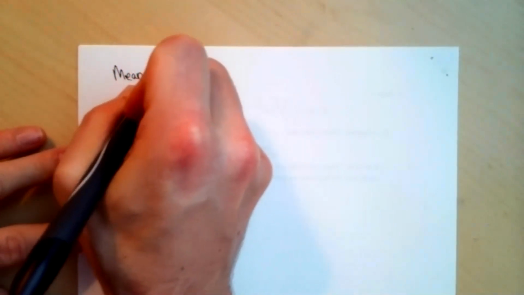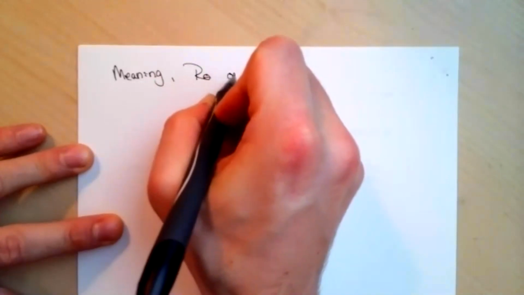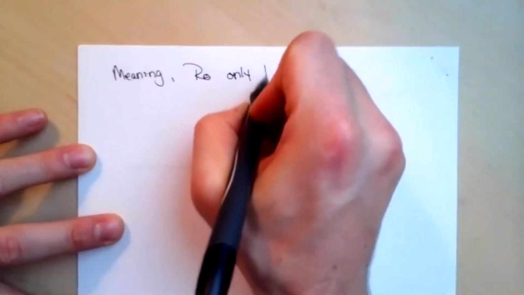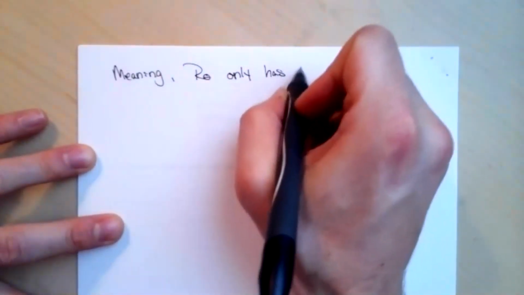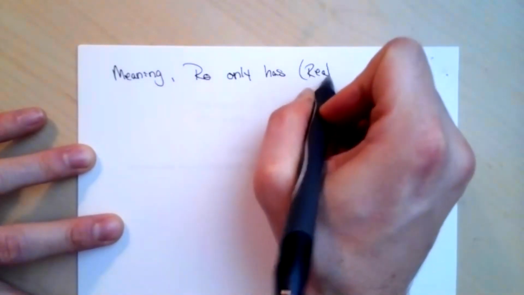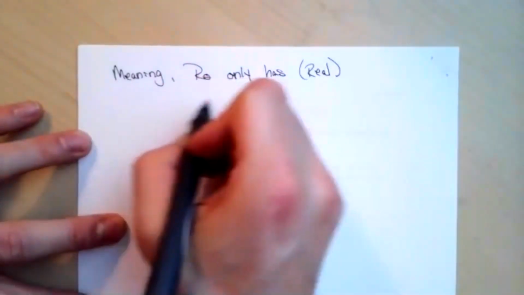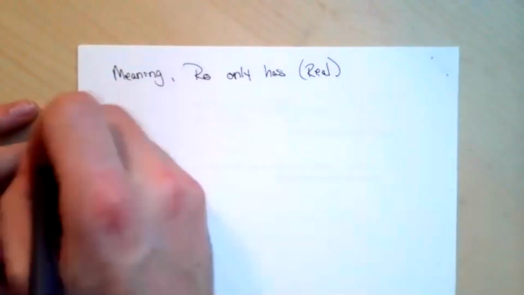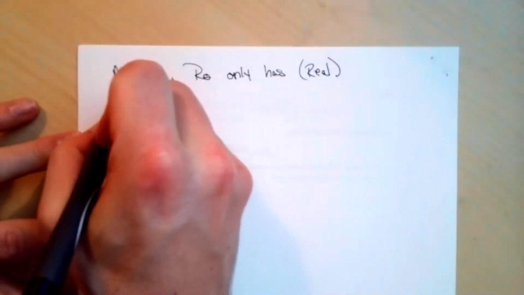Meaning our rotation only has real eigenvalues when theta is some integer multiple of pi. For this class, we're only going to look at real numbers since we haven't been working with complex numbers.